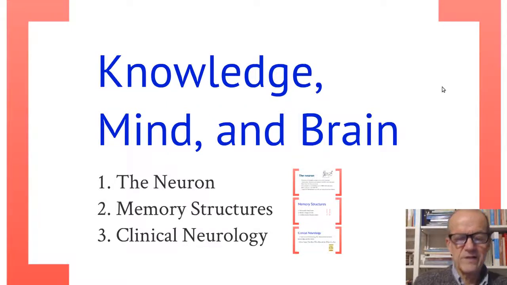The last unit of this module is about the relationship between knowledge, mind, and brain. We have been discussing the characteristics of the human information processing system, the way various types of knowledge can be distinguished, and how people actually organize their knowledge. But now we try to link that to what we already know about how the brain actually operates and which structures can be distinguished within the human brain.